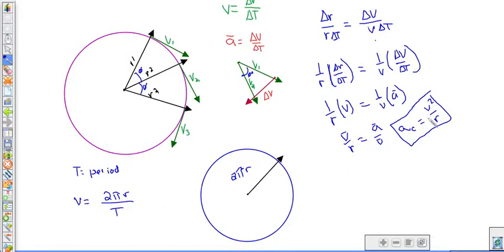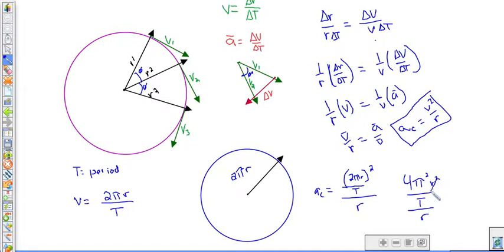So if we take our equation and substitute in what velocity equals in terms of a circle into my equation for acceleration, then we get centripetal acceleration equals 2 pi r over t, squared, all over r. If I simplify this equation, I square all of this: I've got 4, pi squared, and r squared, over t squared and then over r.